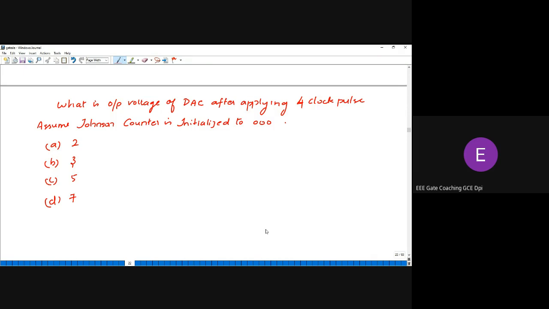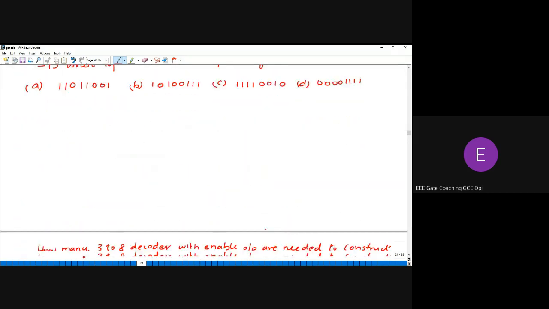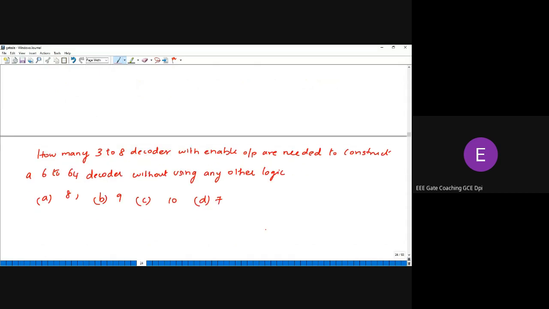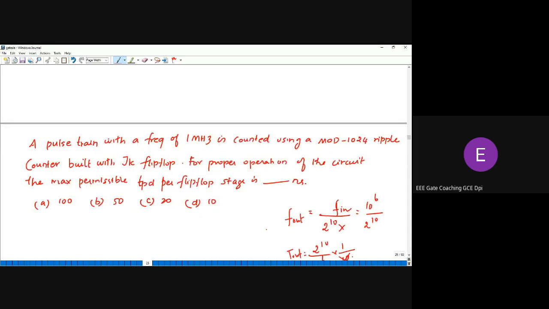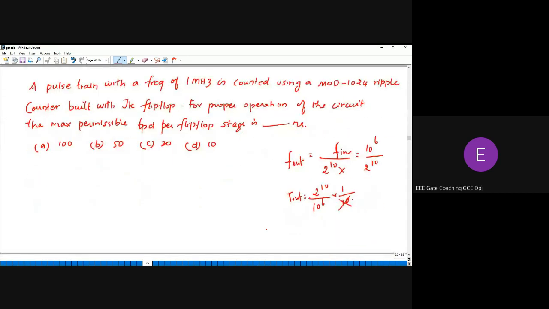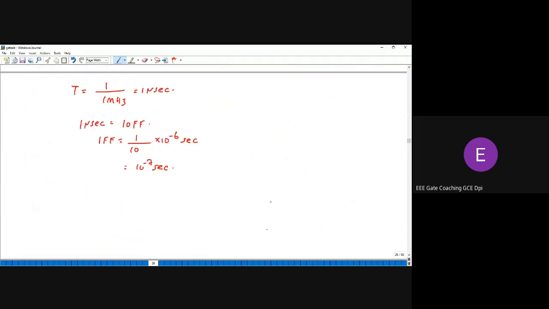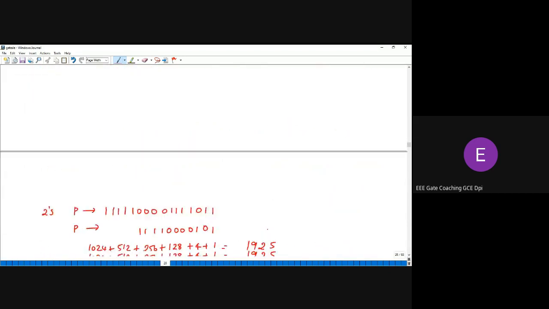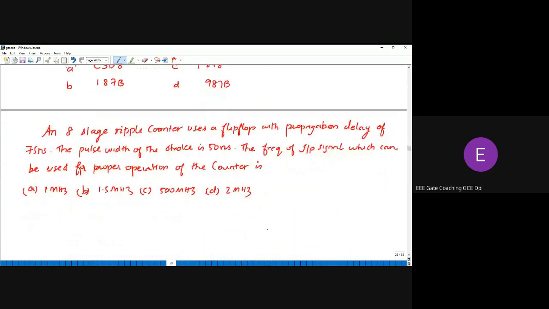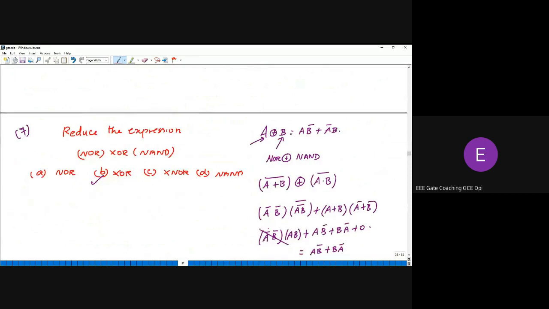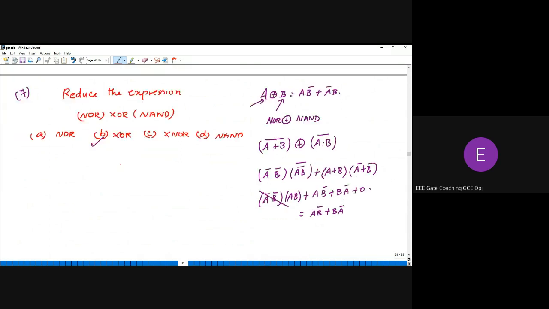Then complements also I have discussed, right? 16's complement, 15's complement, how to perform. Then synchronous counters. Then a few problems on how to reduce an expression using Boolean theorems.